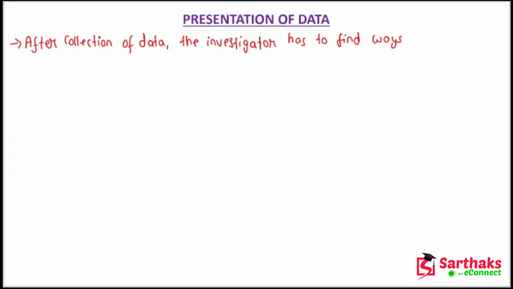Okay, we are the investigator because we were collecting the marks of students. Now we have to find ways how to read this data. Okay, find ways to condensate. What do we mean by condensate? We have to find ways to make this data a bit pleasant. Condensate, that is in a small form, so it becomes easier to read. Okay, find ways to condensate them in tabular form.